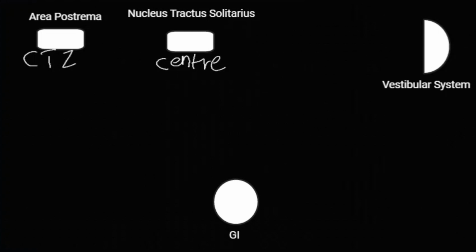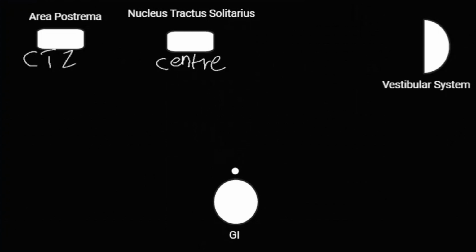So let's go through where exactly different signals are going to come from in order to induce vomiting. So let's start with the GI, because that's what we usually associate vomiting with. If you think of it from someone who's not in medical school's perspective, they're going to consider vomiting to be mostly a GI thing.